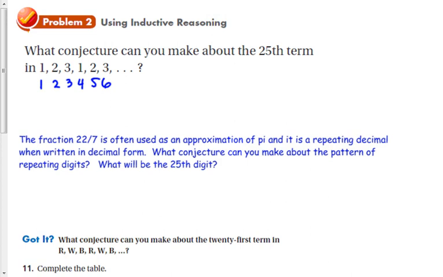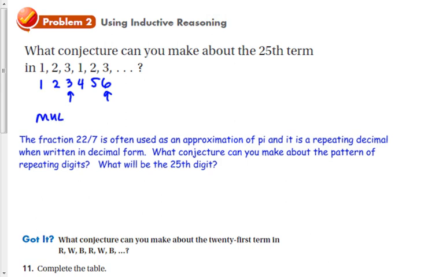And then we're going to try and see if there's a pattern developing here. And one thing you might suspect, since the pattern is 3 numbers, is that if you look at the multiples of 3 here, those multiples of 3 will always be 3. That's my conjecture. So if the term number is a multiple of 3, then it'll be the number 3.